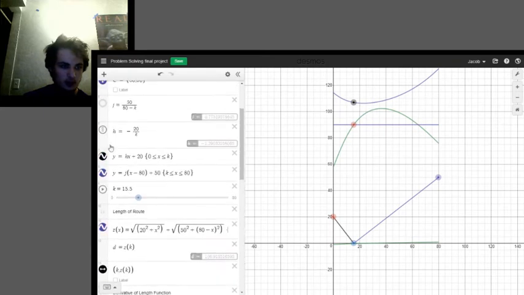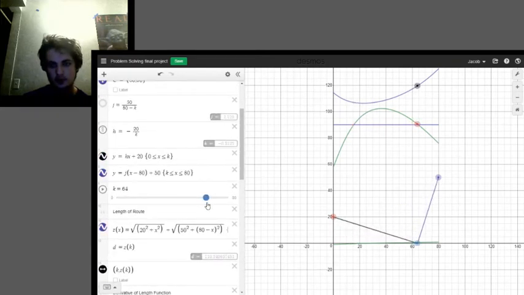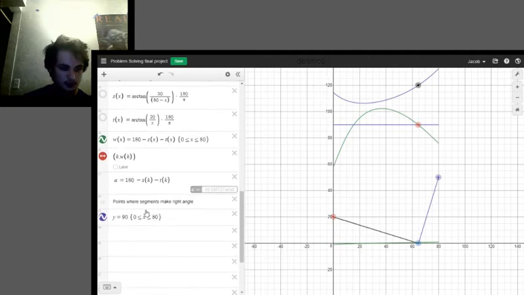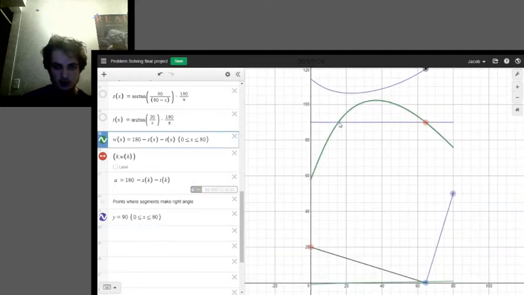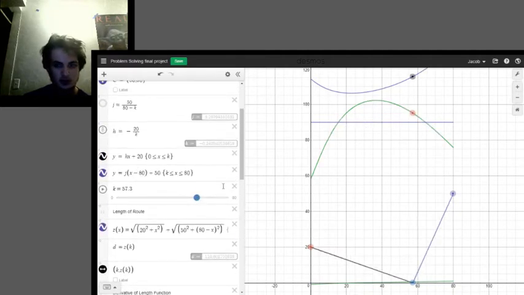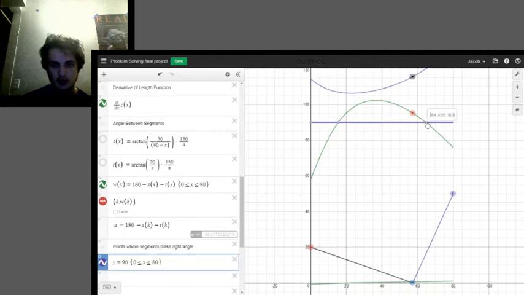Then if I go to the other one all the way over here, again it is approximately 90 degrees. These points are at 15.505 and 64.495.